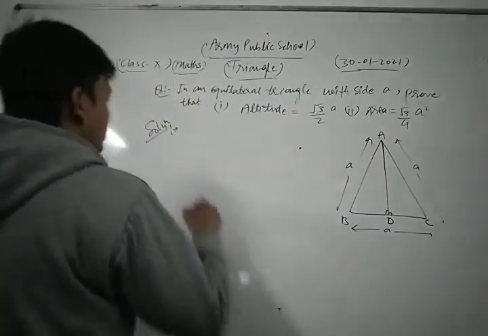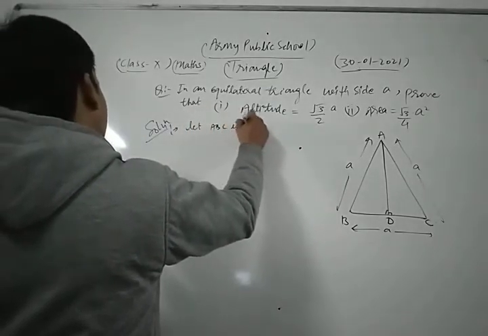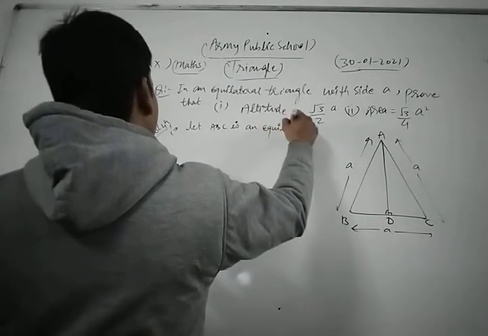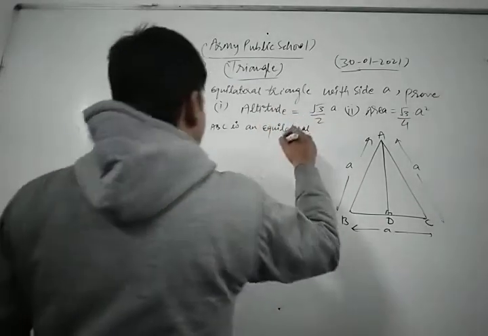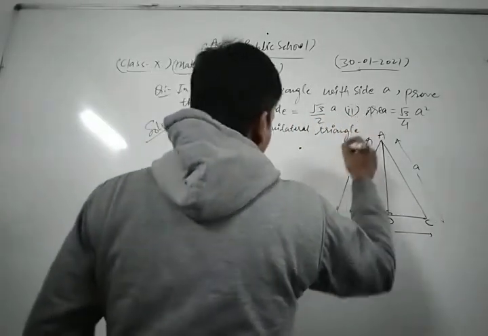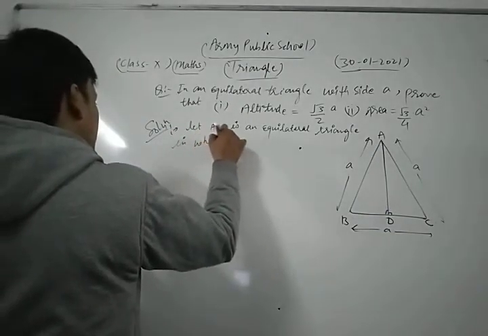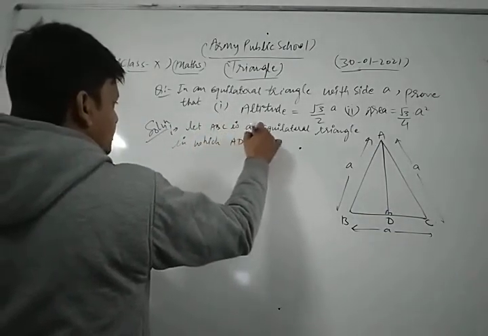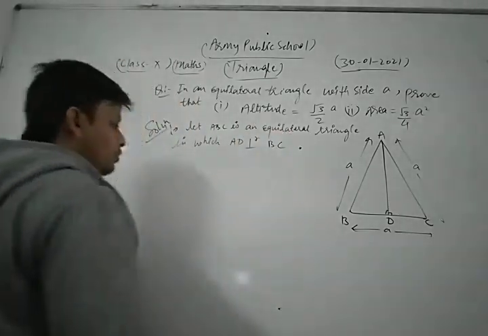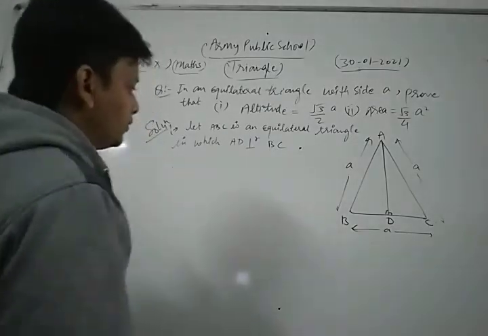So let ABC be an equilateral triangle in which AD is perpendicular to BC.